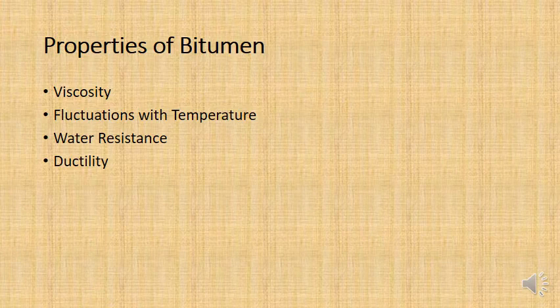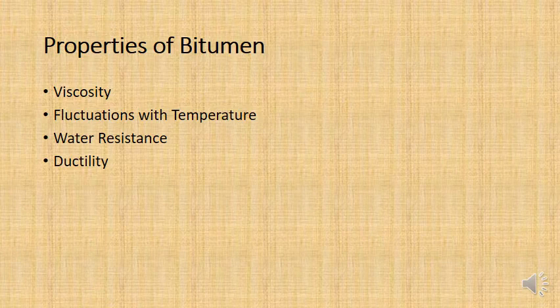Now, today we're going to be looking at certain properties of bitumen, and with that we'll also be talking about testing the bitumen. So a certain property of bitumen is the obvious one, that it's water resistant. It's made from oil, and that's why we use it for roads, because it creates a nice waterproof barrier over our roads so that rain and snow can't erode the road.